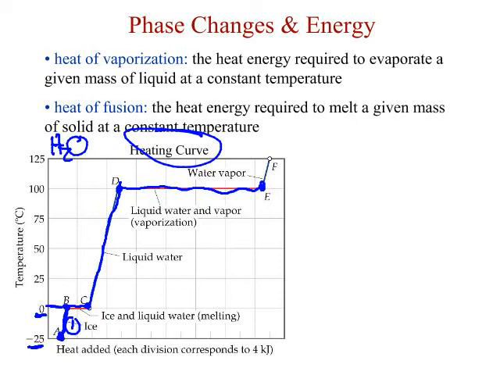Over this range between B and C, region 2 on the graph, as you heat it, the temperature is not changing. The reason is that the average kinetic energy of the sample of water stays the same. The extra energy you supply is being used to break hydrogen bonds that are holding the sample in the solid phase.